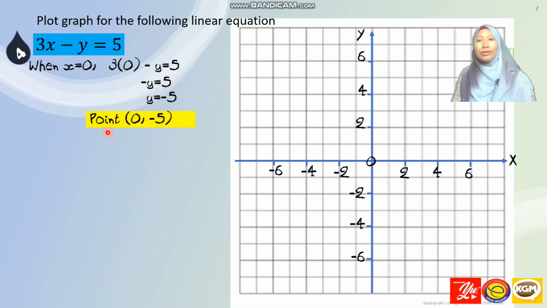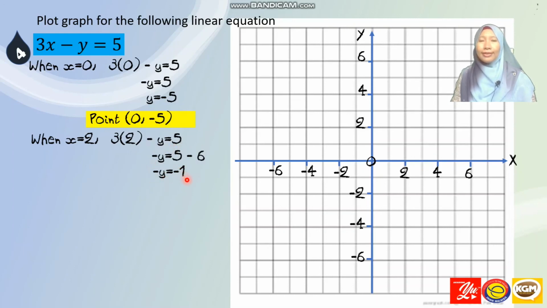Then we find another point. Now we take x equals 2 in this case and substitute into the equation. 3 times 2 minus y equals 5. We get negative y equals negative 1, and therefore y equals 1. So the point is 2, 1.